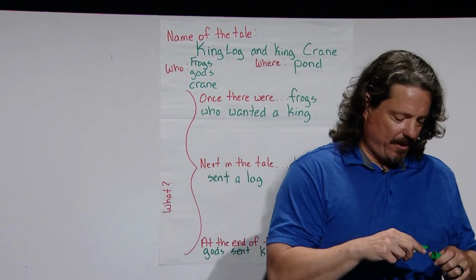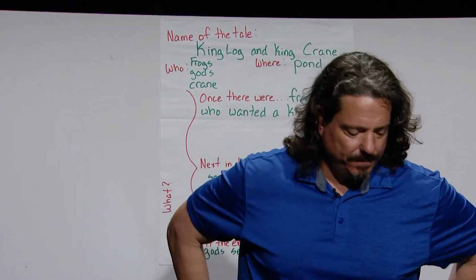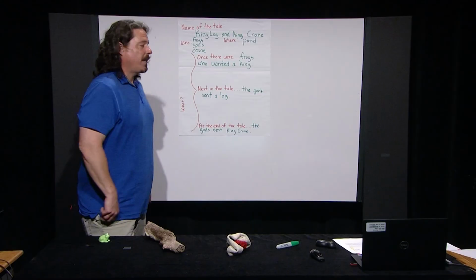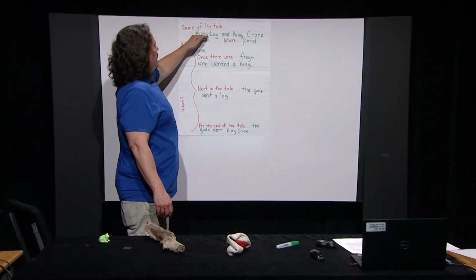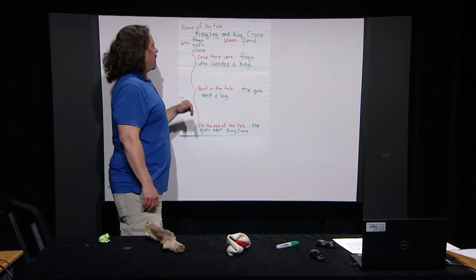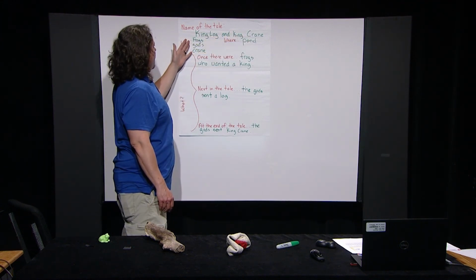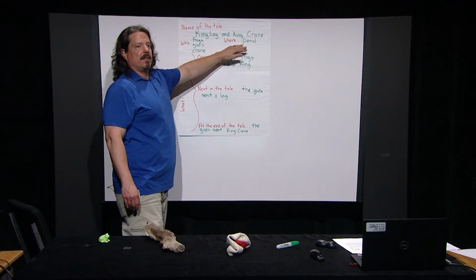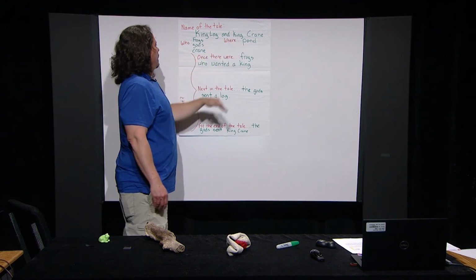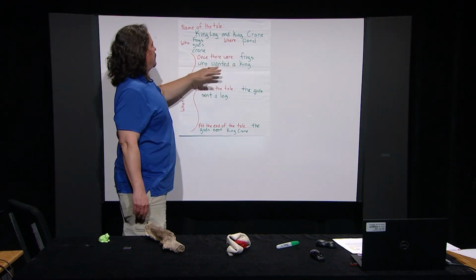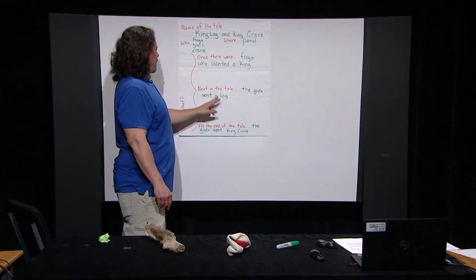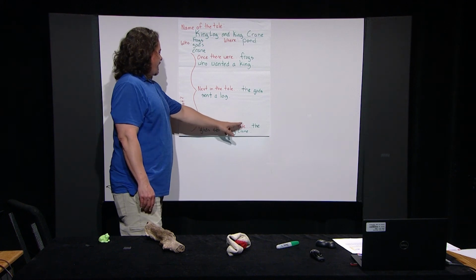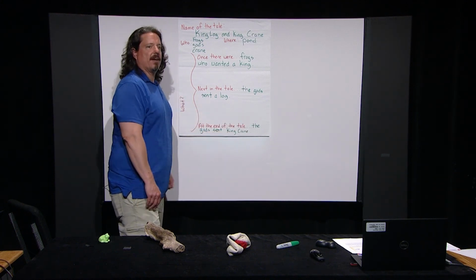So let's look back at what we've written in our story. Name of the tale, King Log and King Crane. We have our characters, frogs, gods, and the crane. Happened at the pond. And then once there were frogs who wanted a king. Next in the tale, the gods sent the log. At the end of the tale, the gods sent King Crane.